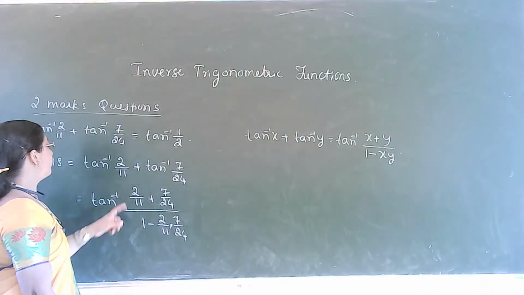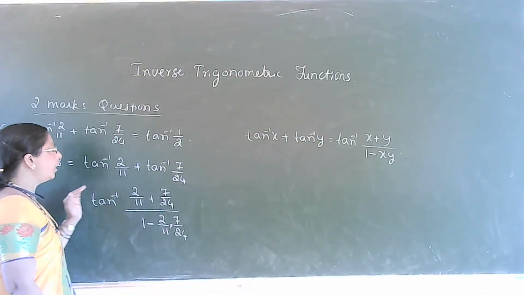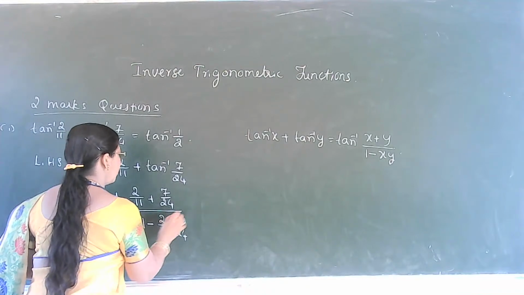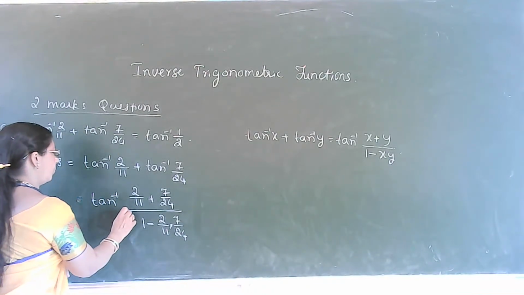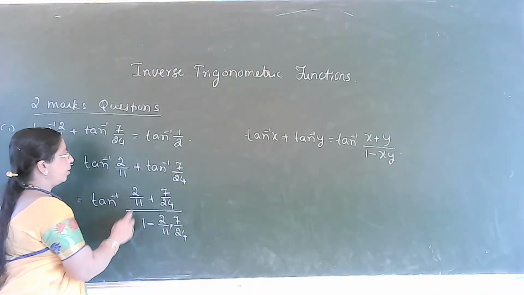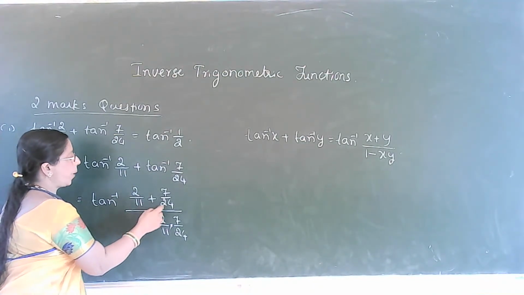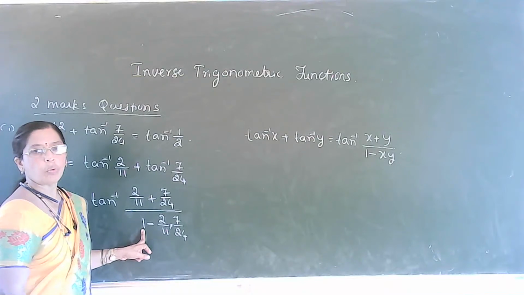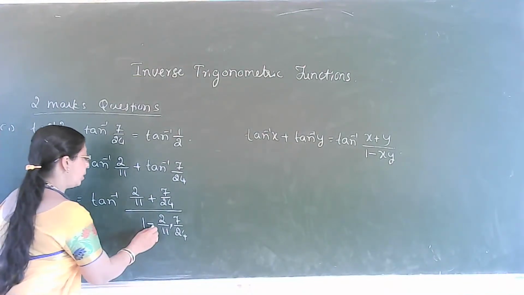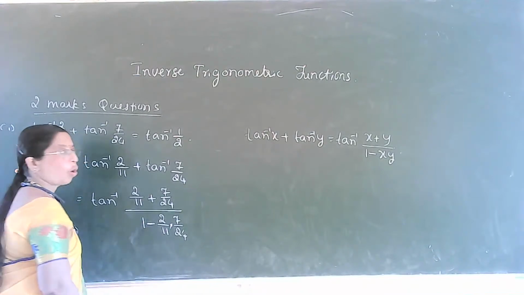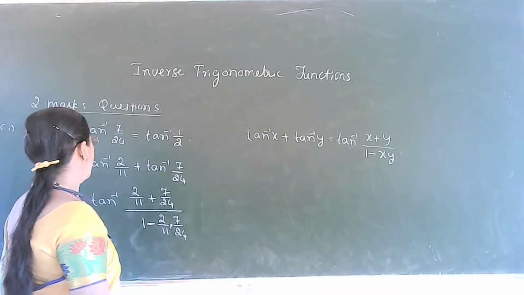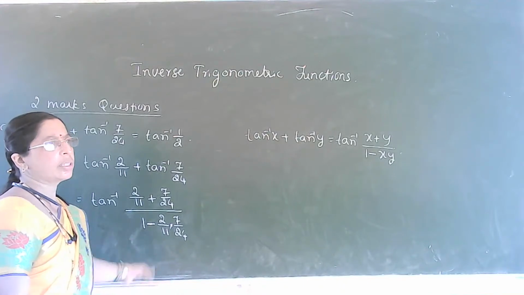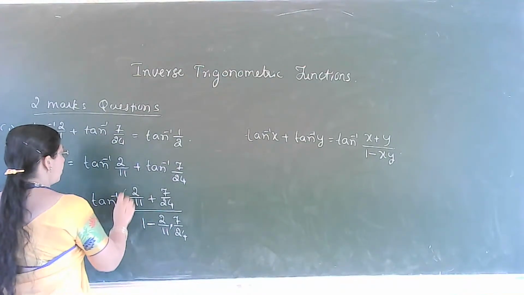We replace x and y with these. Then comes the simplification of the complex fraction, by adding these fractions, multiplying these fractions and subtracting from 1. You already know the simplification of complex fractions. First, substituting these values is very important. Then it is the simplification method.